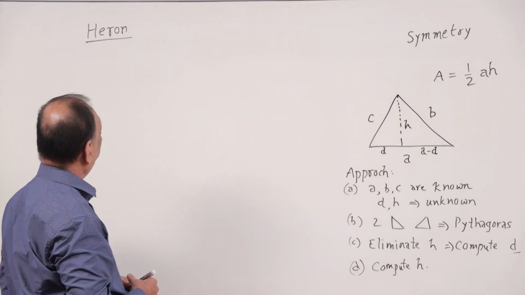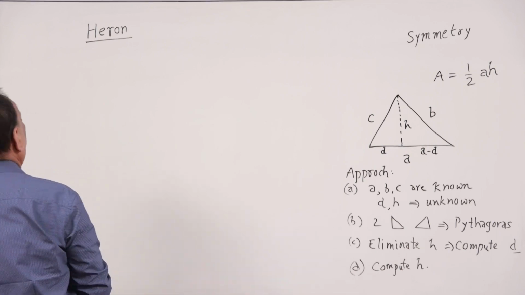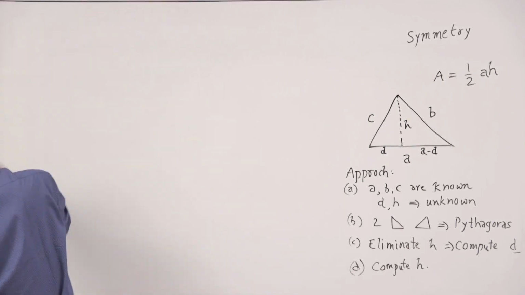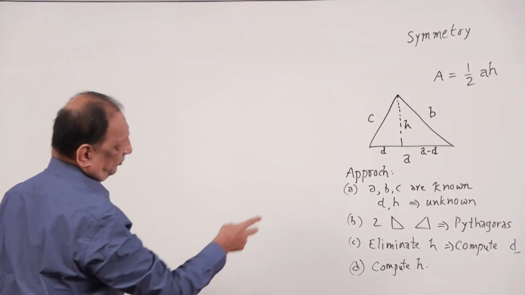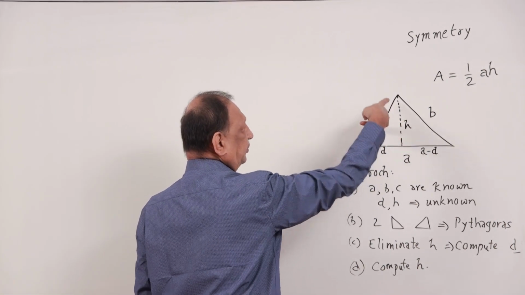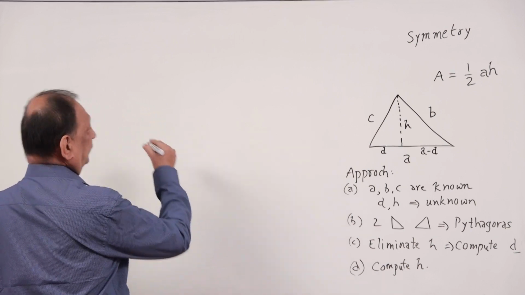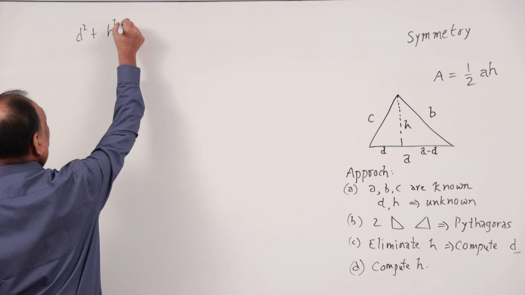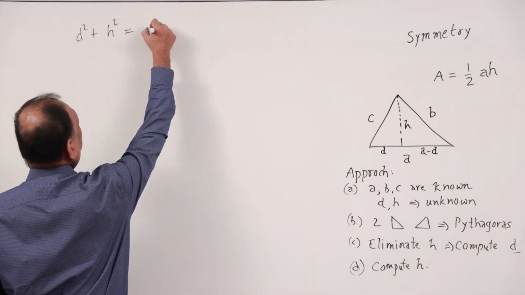So what is the first Pythagorean equation? The sum of squares on the 2 sides is equal to the square on the hypotenuse. So D squared plus H squared equals C squared.